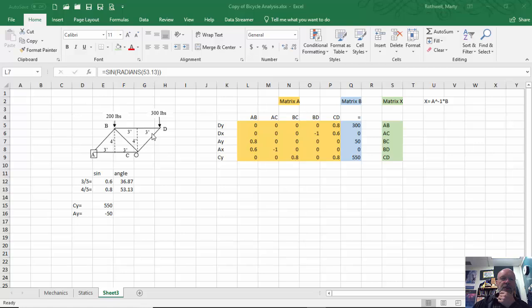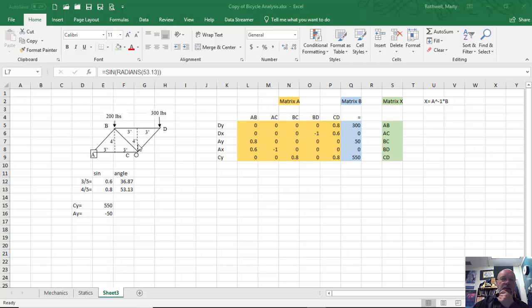Also, just so that you can see up here, this particular problem used sides, and I wanted to show how to do sides as well as angles. This angle right here would have a sine of 4/5, that sine would be 0.8, and the angle right here would be 53.13.